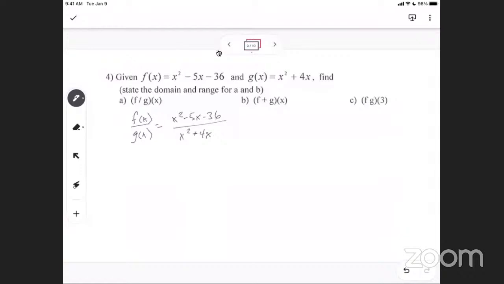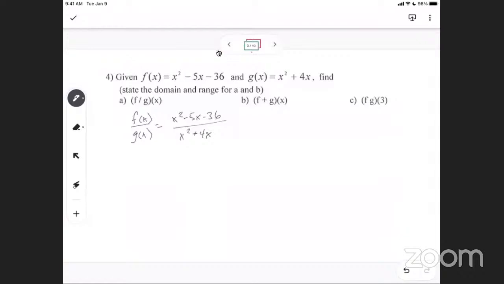And we can, if it factors, which it doesn't look like either one of these will, well, maybe. 36 is 6 and 6, or 12 and 3, or 9 and 4. 9 and 4 will work. There we go.